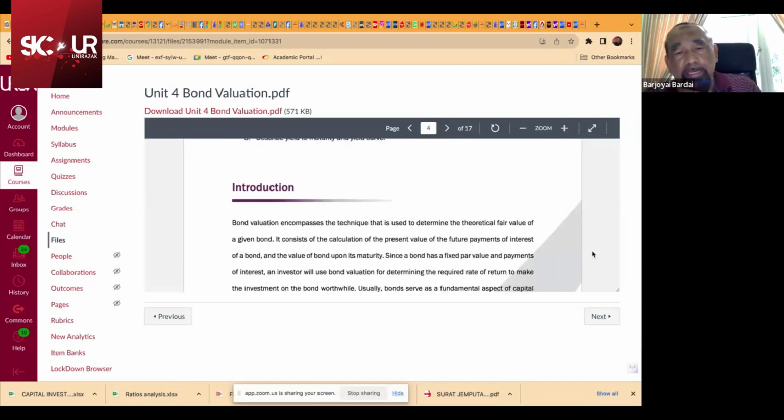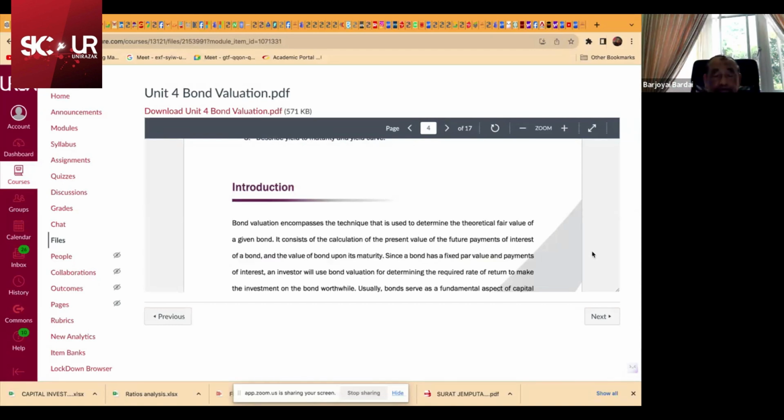Bond valuation encompasses the technique used to determine the theoretical fair value of a given bond. It consists of calculating the present value of the future payments of interest of a bond and the value of the bond upon its maturity.